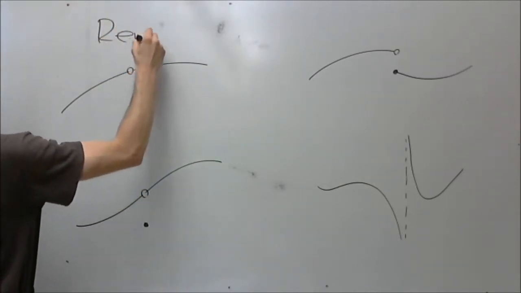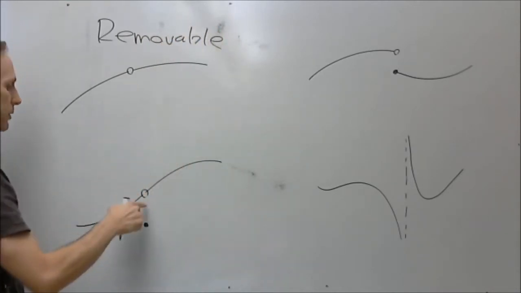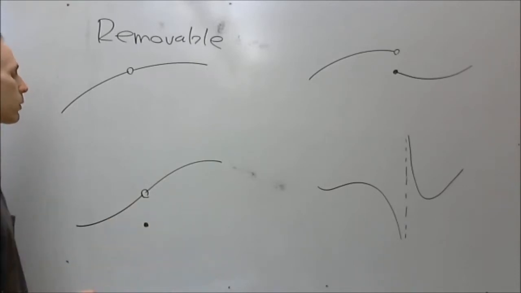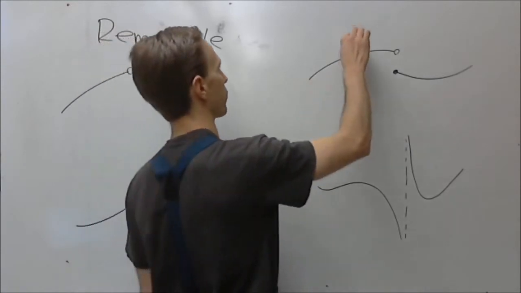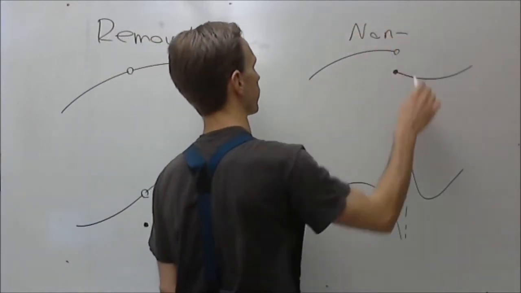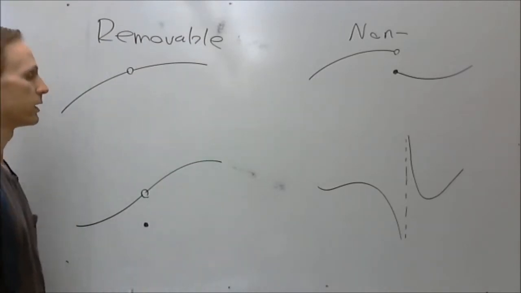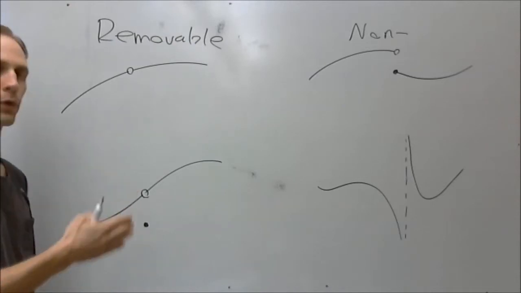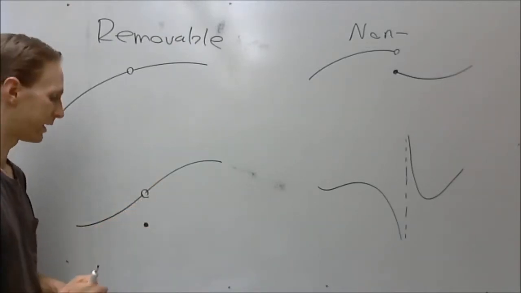These two types are removable, because they're hole types. Whether there's a point here or not, regardless, we call it removable. Unlike these, which are non-removable. So removable and non-removable discontinuities. Can you guess what the condition is for calling a discontinuity removable or not?